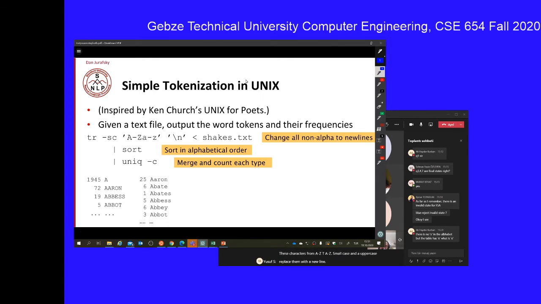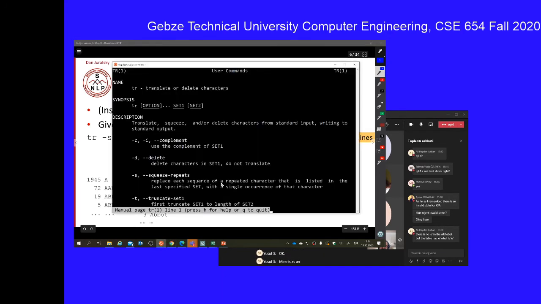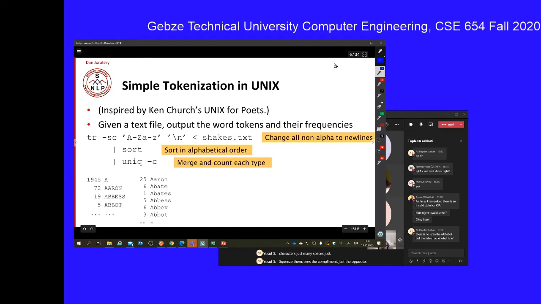Okay. Minus s and minus c: minus s is squeeze repeats. If you are repeating some characters, just many spaces, just squeeze them. c is the complement, just the opposite. Anything opposite of these letters, you replace them with a \n.